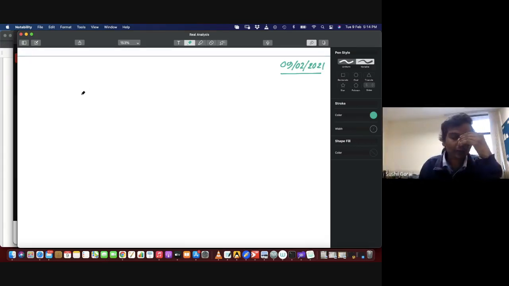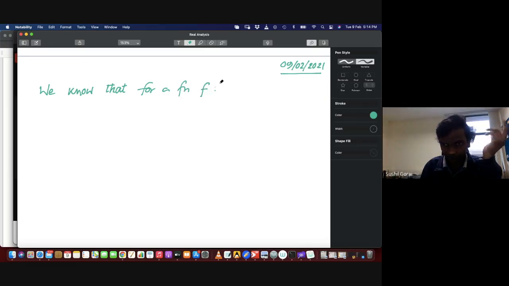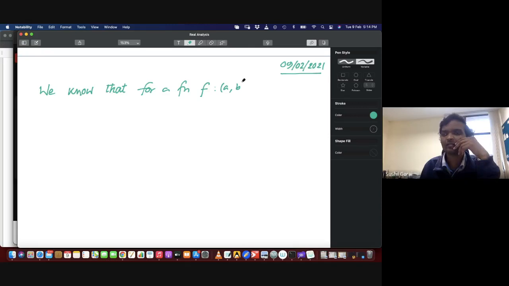All right. So what we know till now about differentiability is the following. For a function, say we can take open or closed, whatever, let's take open, the following are equivalent.